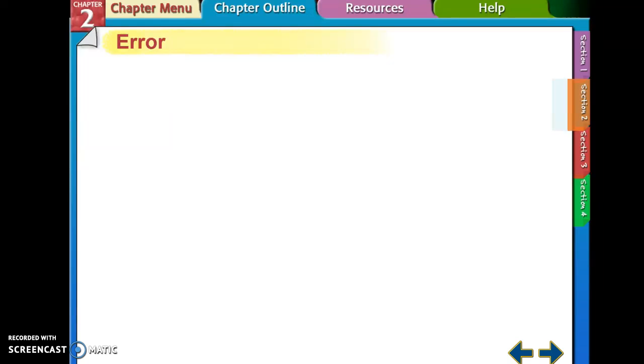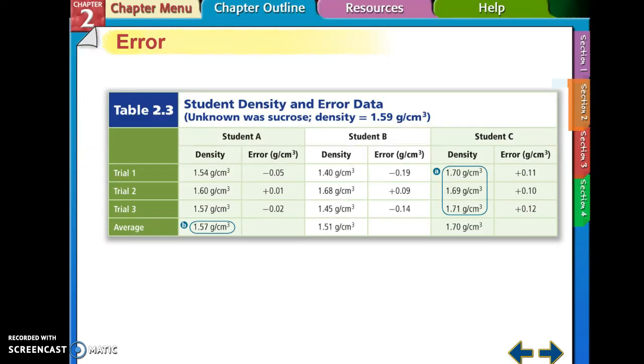If you look at this data, this is where student A got their average of data as their experimental value right here, which is 1.57. Right here, student B's experimental value is 1.59, and right here, student C's experimental value is 1.70.